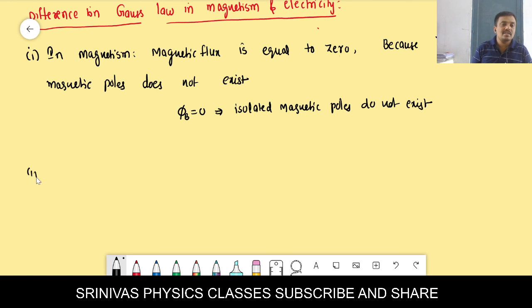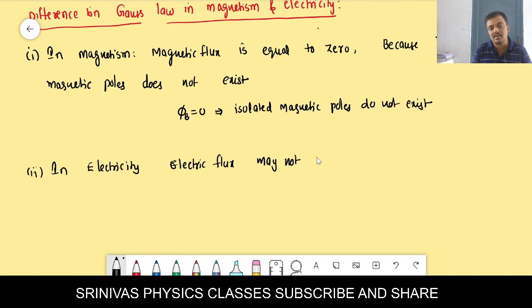Now, the second point is that in electricity, electric flux may or may not be equal to 0.